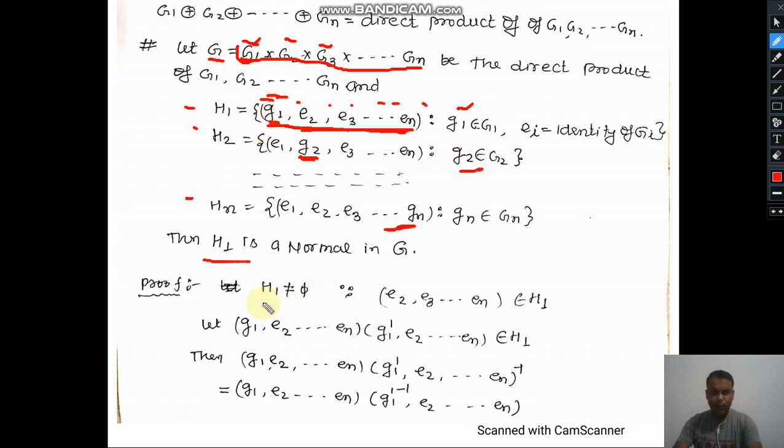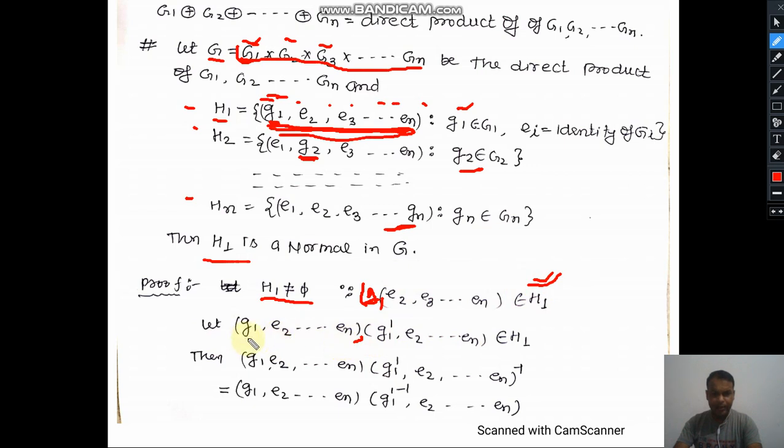As per the given problem, this H1 is not empty. It will contain at least one element, because H1 is defined as the set of these ordered pairs. So the first ordered pair is G1, E2, and so on up to En. At least one ordered pair belongs to H1, so this H1 cannot be empty. Let us suppose there are two elements.